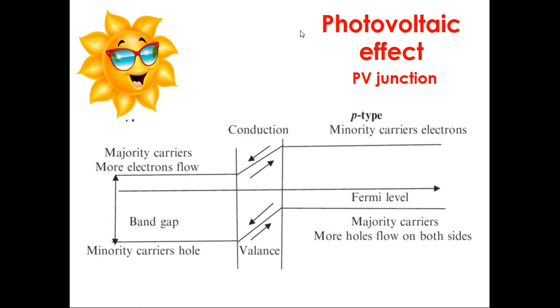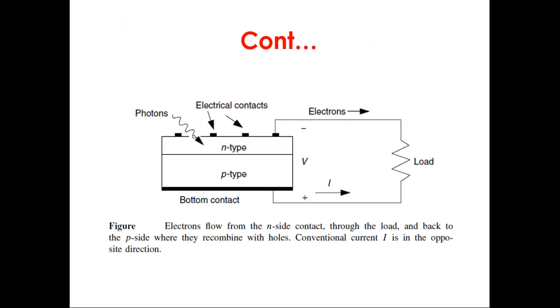So the photovoltaic effect will be developed in the cell, that is the PV junction, and if the load is connected over here, a significant amount of power will flow from the PV cell to the load.